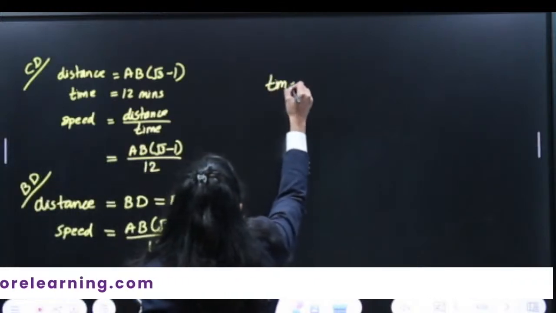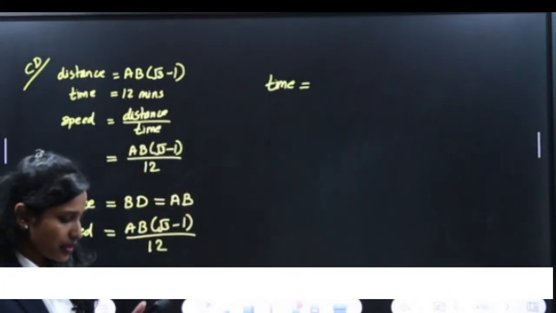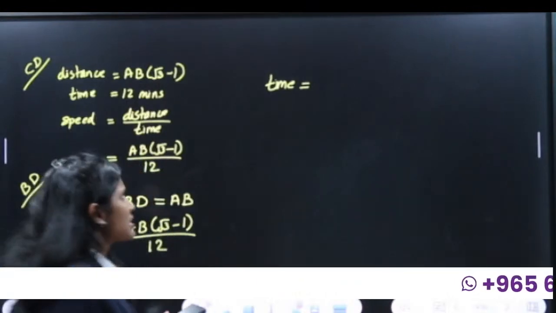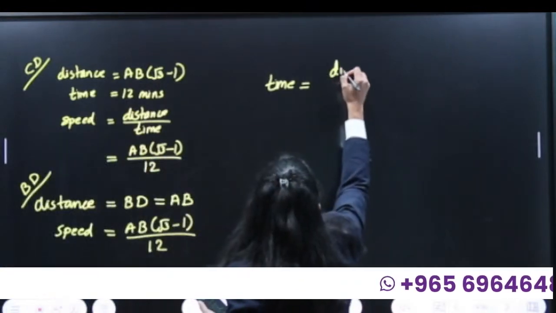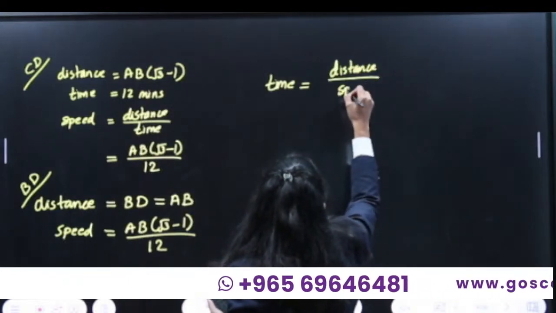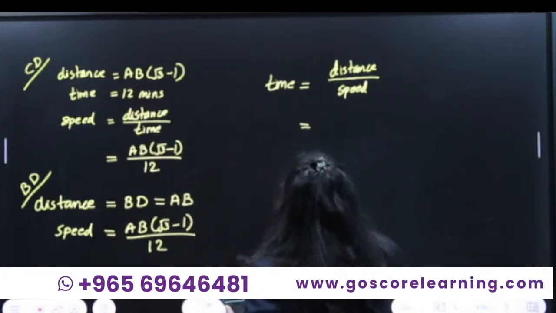How to find time? The formula: speed is equal to distance by time, so time is equal to distance by speed. What is the distance? Distance is BD or AB.